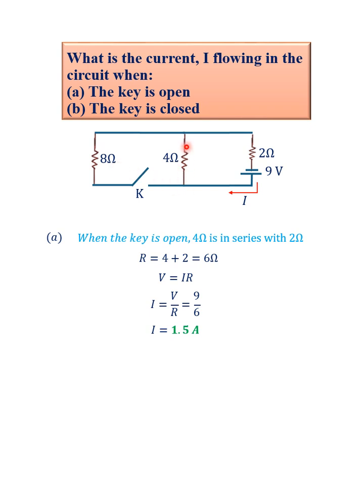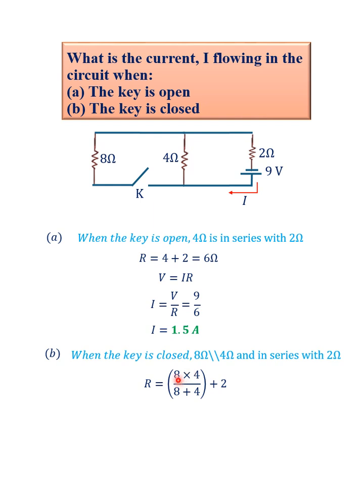The current recombines here, and the same current that left continues and flows through this 2 ohms resistor. So technically, 8 and 4 are in parallel, and the parallel combination is in series with the 2 ohms resistor. For part B, when the key is closed, 8 ohm parallel to 4 ohms and in series with 2 ohms. When two resistors are in parallel, you multiply them, 8 times 4, and divide the product by the sum, 8 plus 4.